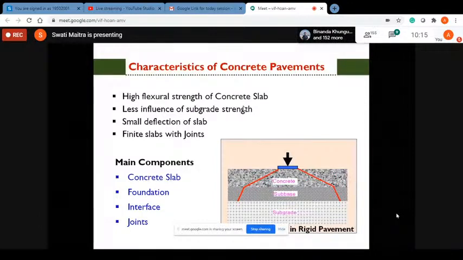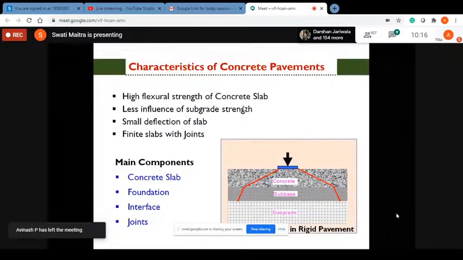The foundation also has influence definitely, but its influence is comparatively much less than that of the top slab. The top slab, because of its high rigidity, has small deflection, and as I showed you in the picture, it has joints, so it is not continuous. They are finite slabs with joints.